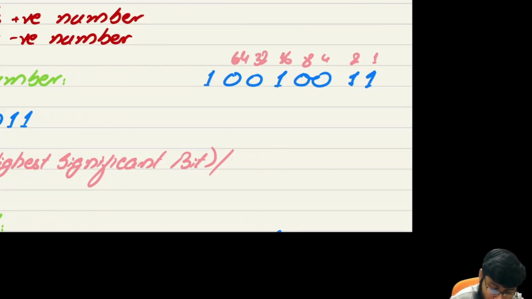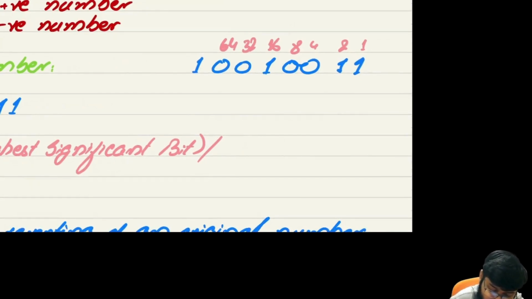We won't count this bit right now because it is the sign bit. Now the bits that are on and considerable are 16, 2 and 1. So finally we get 19 as an answer.